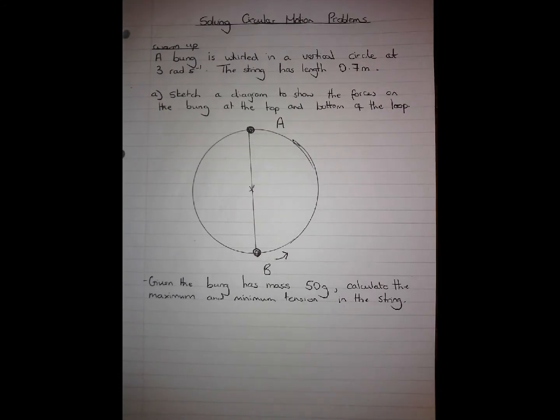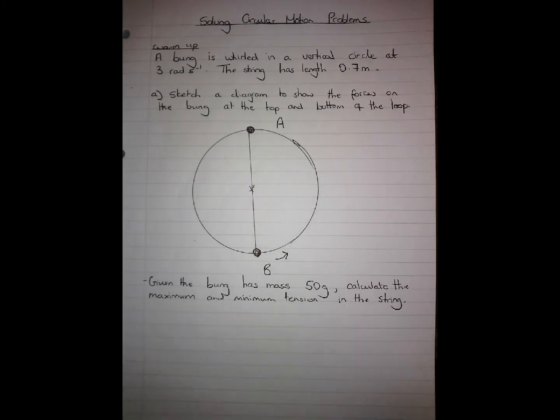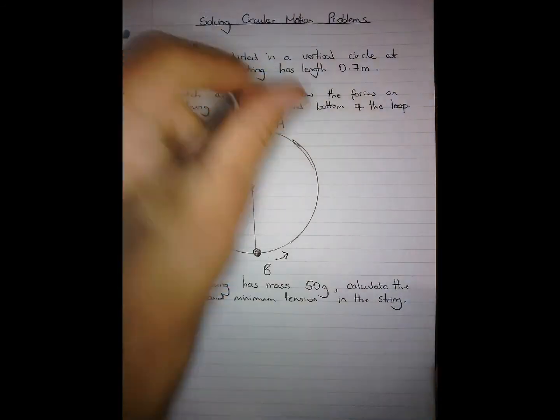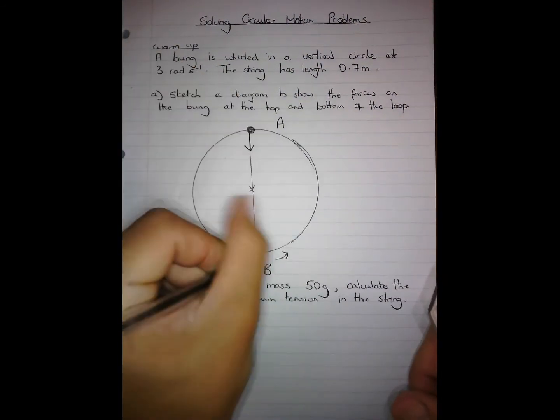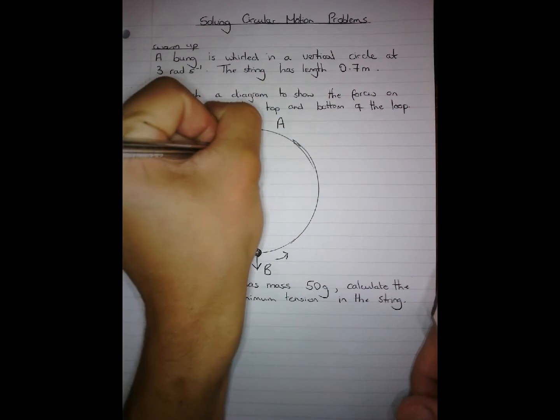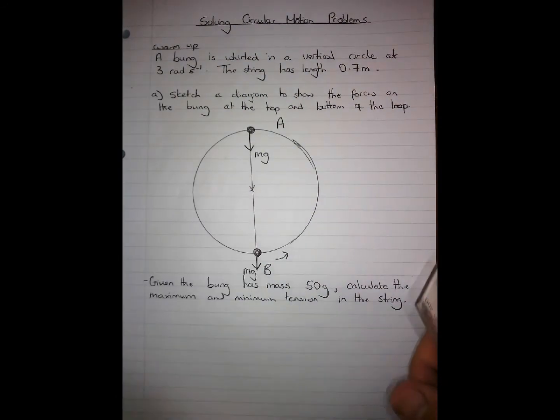Right, so if we start off with labeling the diagram, let's look at the top point here. There's two forces acting on this bung at each point. We've got the weight at both points, pulling it down, which we can label mg. Sometimes this can be labelled W, either or, it doesn't matter, depends a bit on the question.